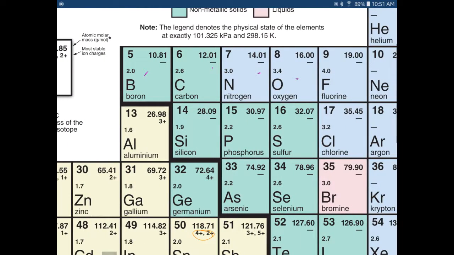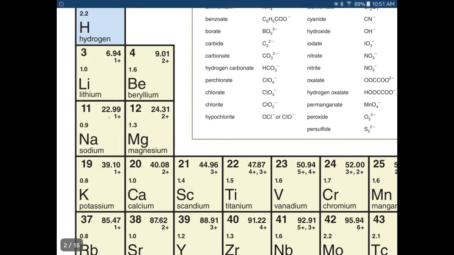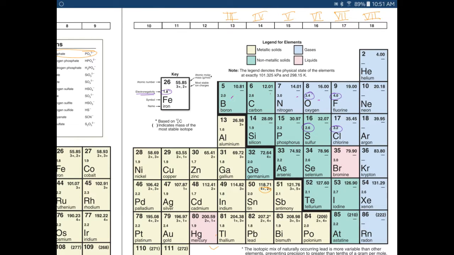And we see that with our nonmetals, with our covalent bonds, we have relatively high electronegativities. Now that's relative compared to some of our metals. We notice 0.9 is significantly smaller than something like 2.6. So we have these electrons being shared between these atoms.